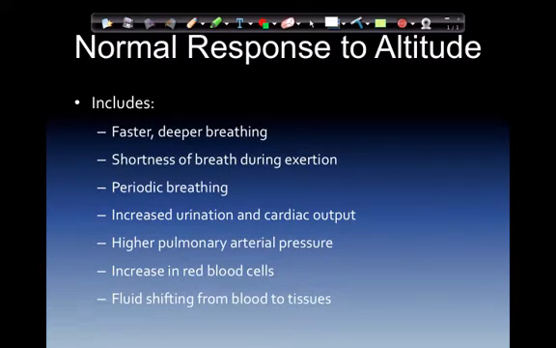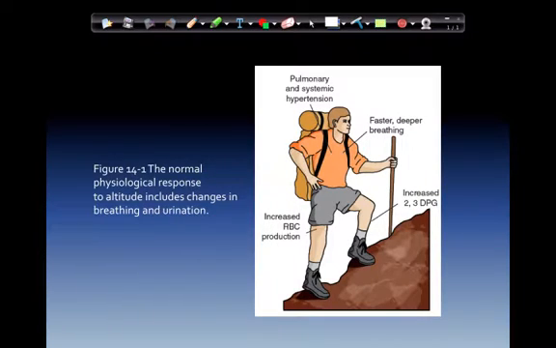A normal response to altitude includes faster, deeper breathing, which is Kussmaul-like hyperventilation, very deep and faster, increased respiratory effort, some shortness of breath during exertion but not at rest, periodic breathing similar to Cheyne-Stokes breathing at night, hyperventilation periods with periods of apnea, and this causes frequent awakening, increased urination, increased cardiac output, higher pulmonary arterial pressure, increase in red blood cells if you're there long enough, and fluid shifting from the blood to the tissues.